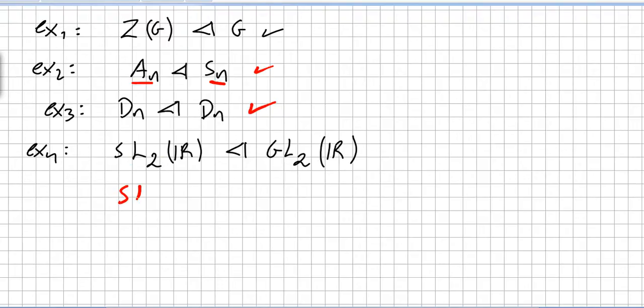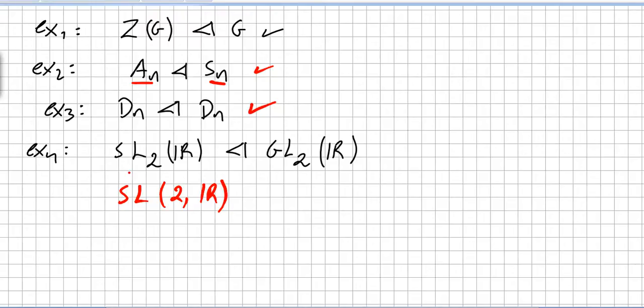And another example is the special linear group. So the special linear group of matrices of dimension 2 by 2 with entries in the reals means matrices with determinant equal 1. This is not only a subgroup of the general linear group of matrices 2 by 2 with entries in R, with non-zero determinant.